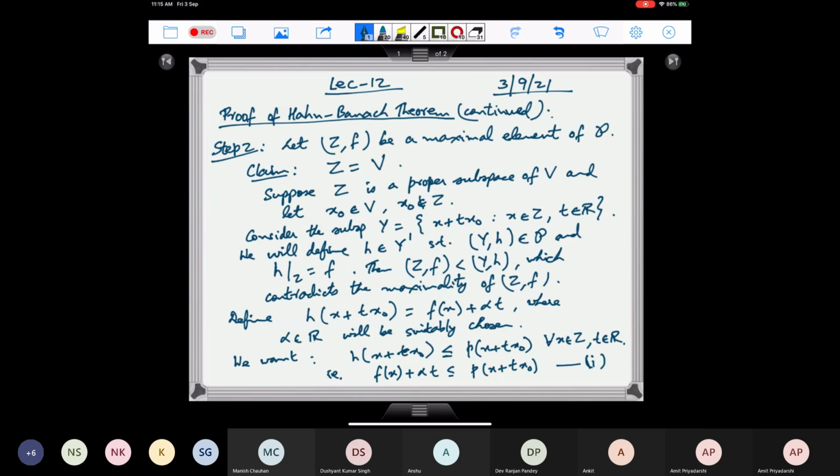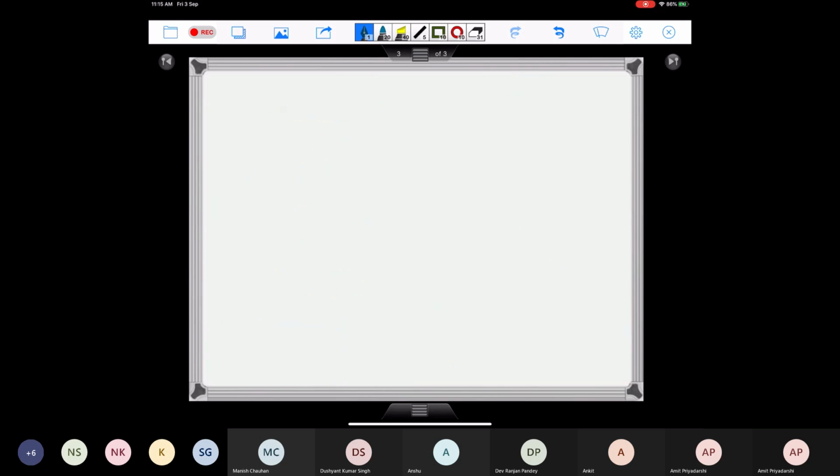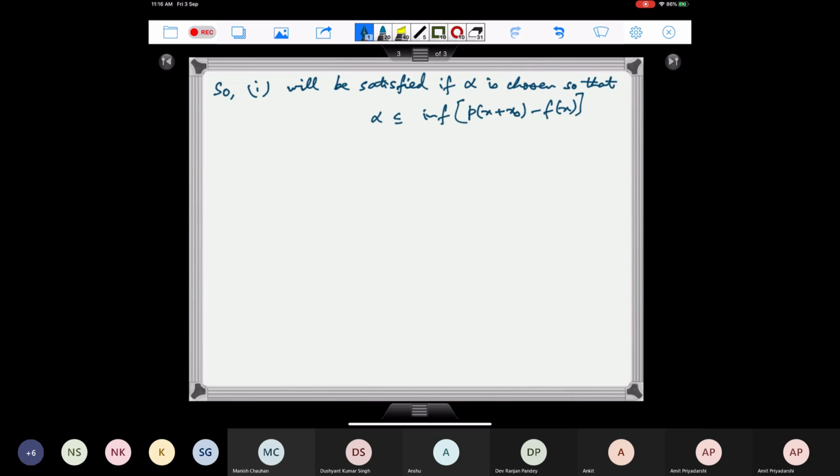So this 1 will be satisfied if alpha is chosen so that alpha is less than or equal to the infimum of p of x plus x naught minus f of x, x belonging to Z, and bigger than or equal to the supremum of f of x minus p of x minus x naught, x belonging to Z. Now, how do we know that this is true?